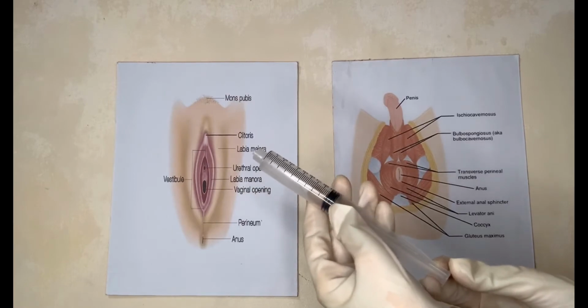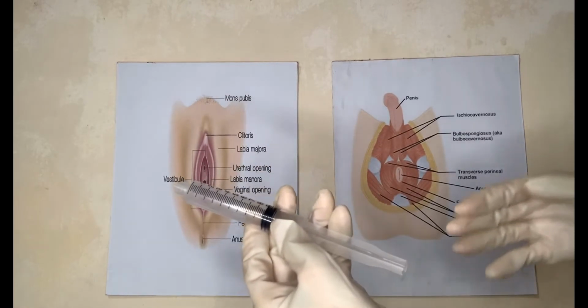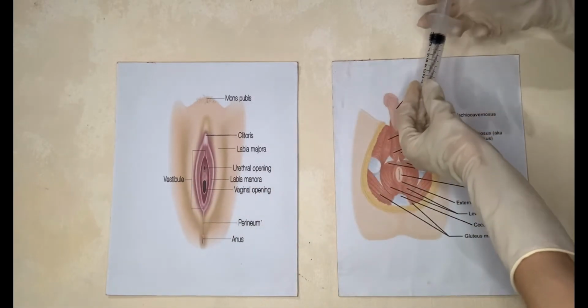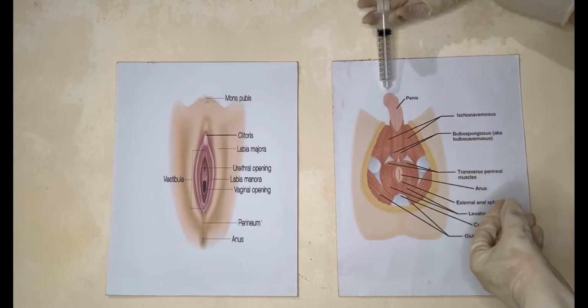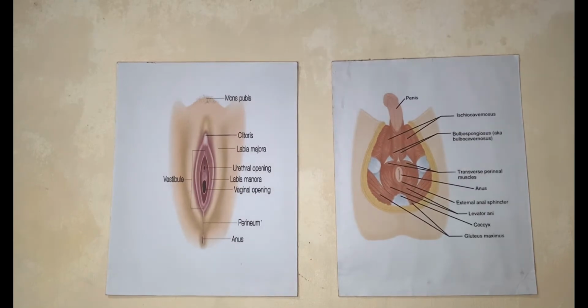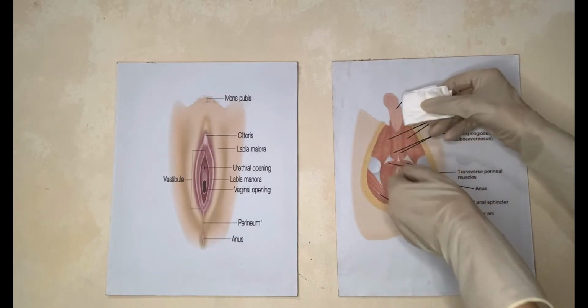So we will now inject 10 to 15 ml of gel into the urethra of the male client. After injecting the gel, we will now wipe the underside of the penile shaft to distribute the gel up the urethra.